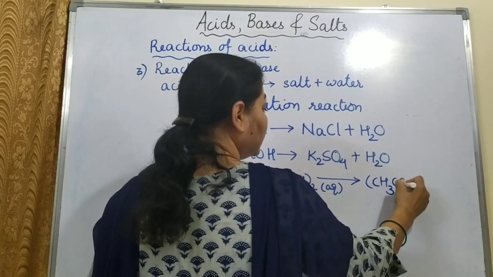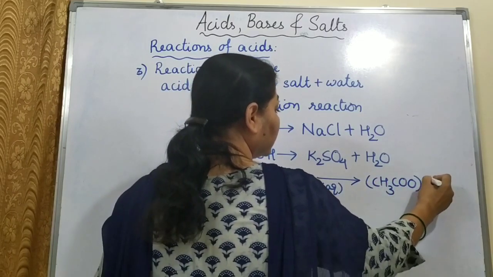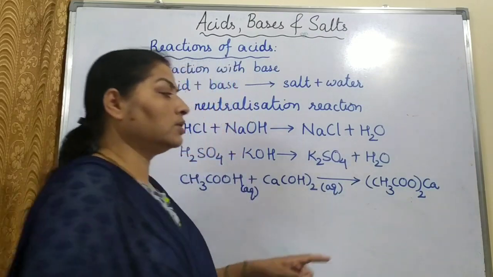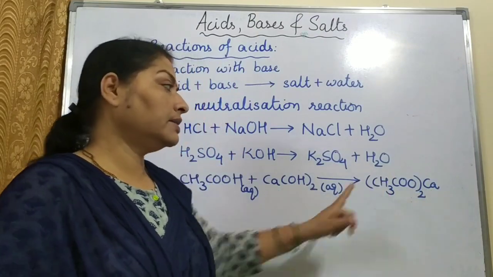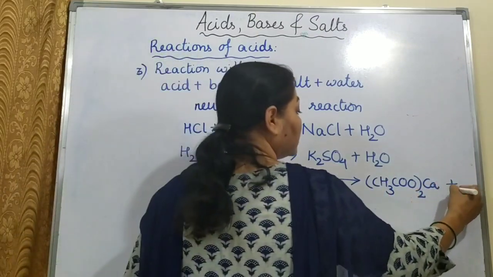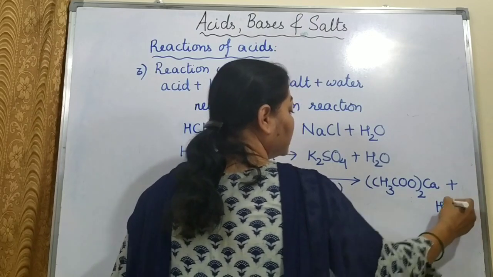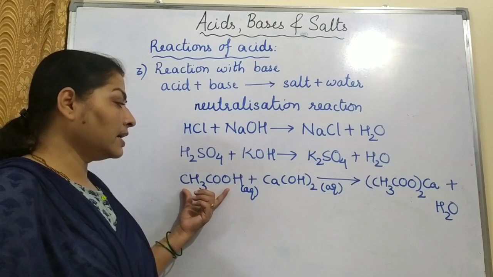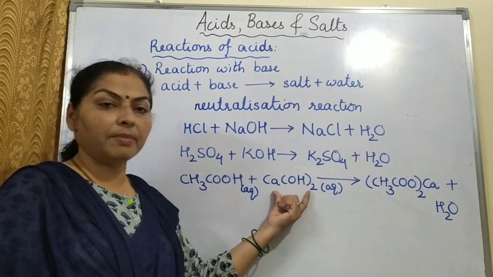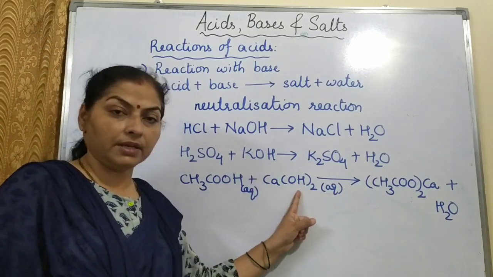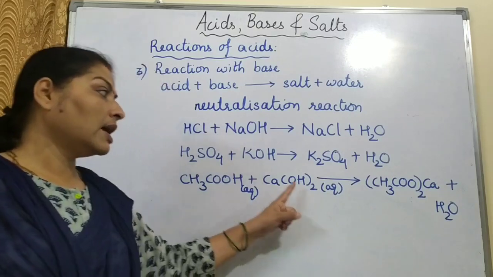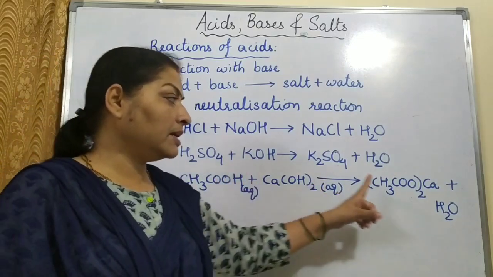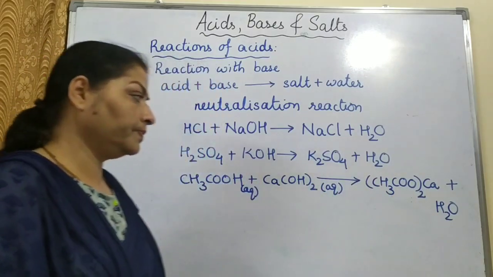Its formula will be (CH3COO)2Ca. It is known as calcium acetate, plus the other product is, for sure, water. So acetic acid is an acid, calcium hydroxide is a metallic hydroxide, so it is a base, and on reaction of acid and base we get salt and water.